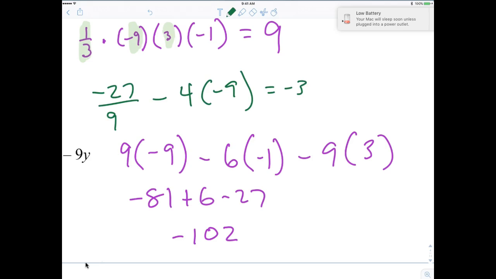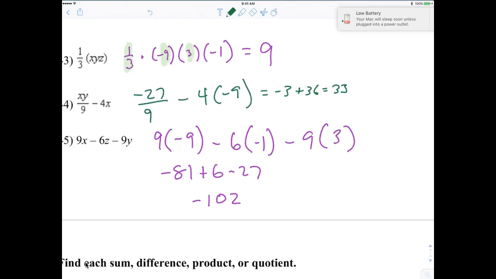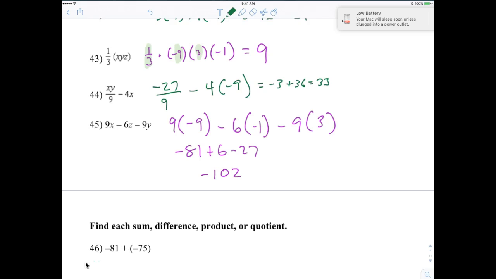And then negative times a negative is positive, so 4 times 9 is 36. So negative 3 plus 36. That would be 33. Everybody good with that? Any issues?